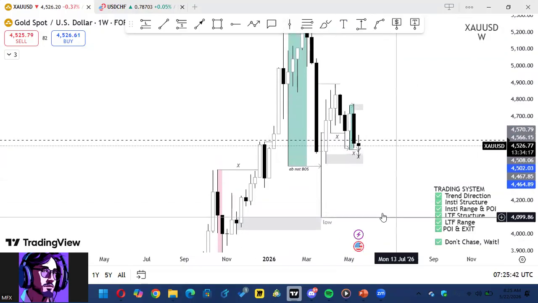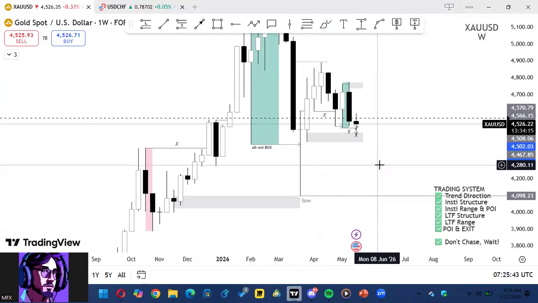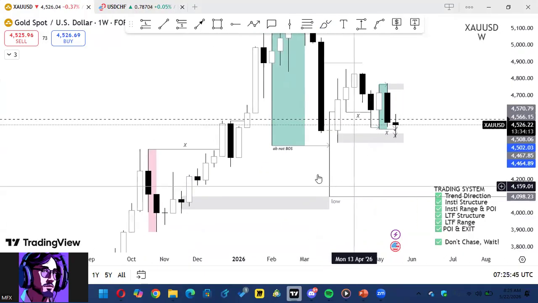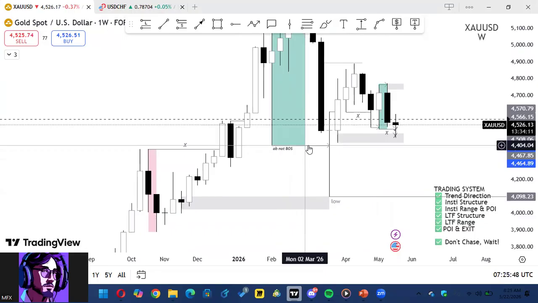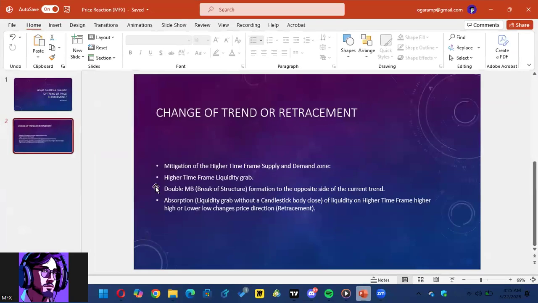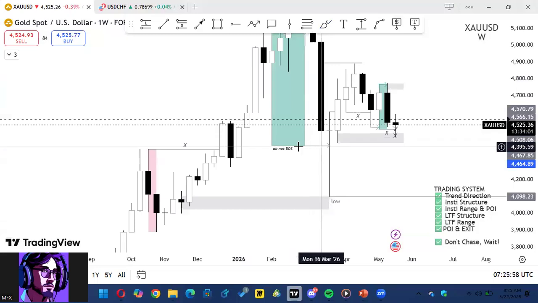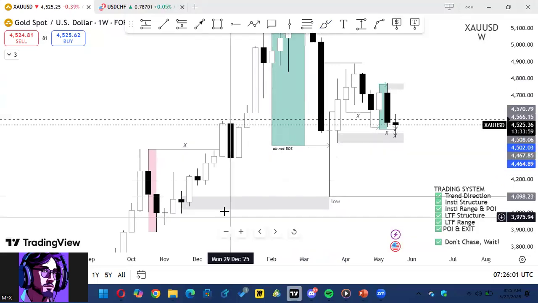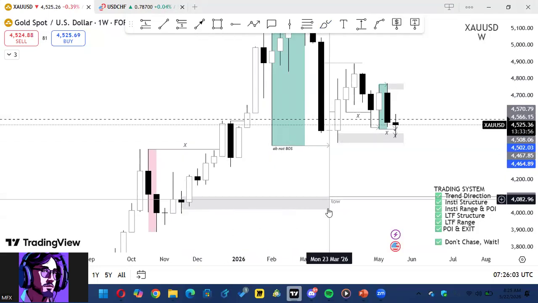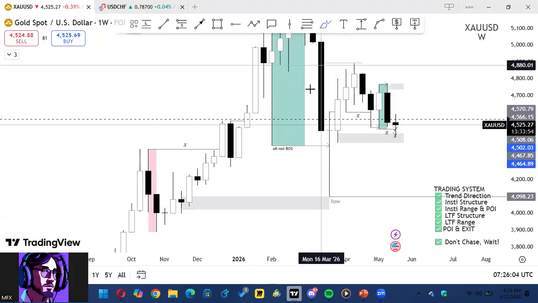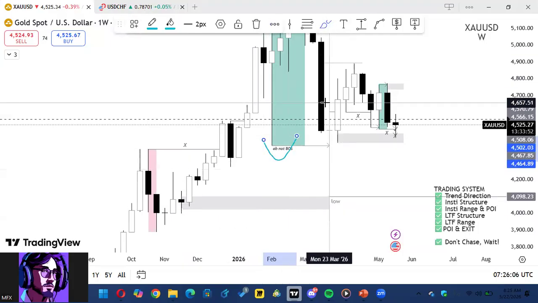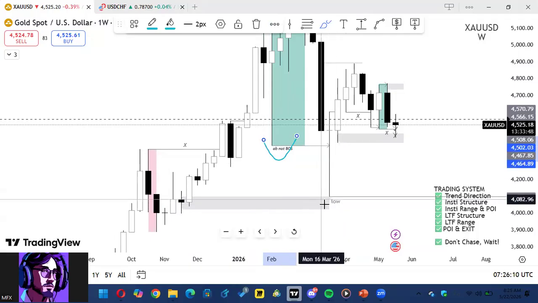The other concept or rule we talked about is absorption of price, and you could see it right here. Absorption is the liquidity gap without the candlestick body close. You can see it, liquidity gap. Price grabs this liquidity without a candlestick body close. What do we expect?